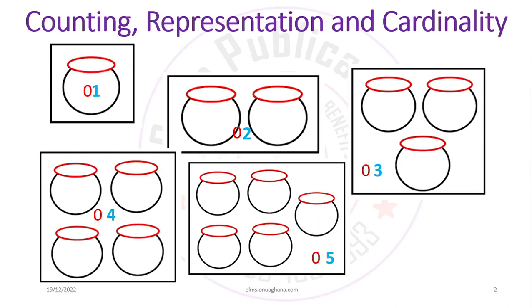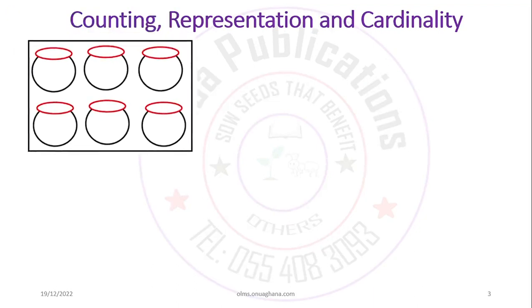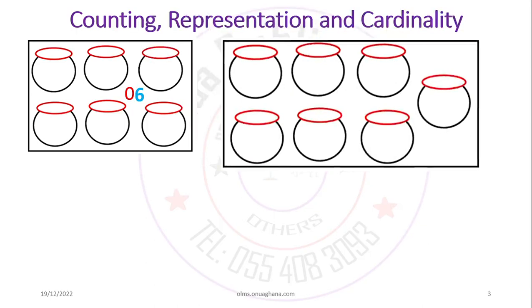We proceed like that and realize that this will give us 0 groups of 10, the remainder is 6. Then 0 groups of 10, and the remainder is 7.